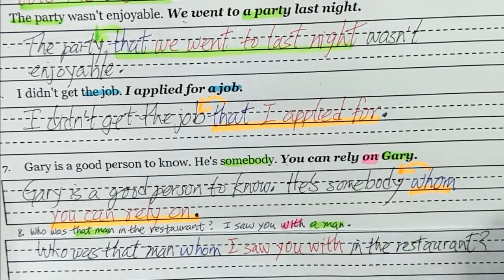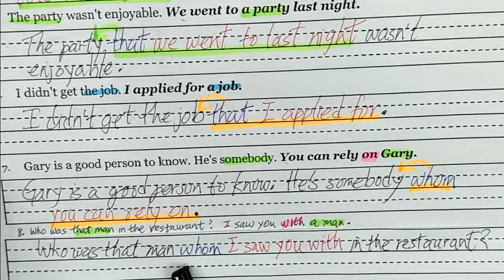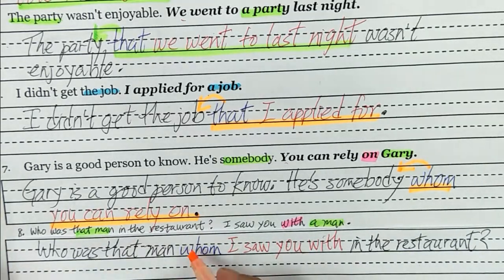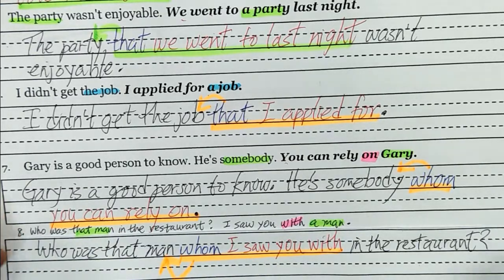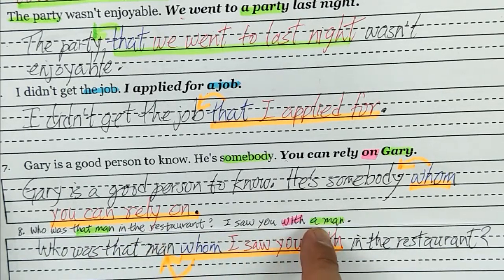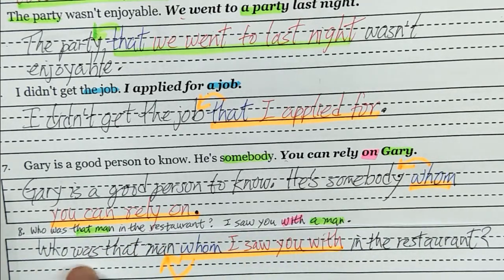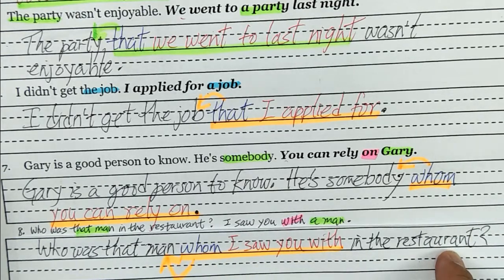This is a question, so we need a question mark. Whom I saw you with is the adjective clause describing the man. Who was that man in the restaurant? I saw you with a man becomes who was that man whom I saw you with in the restaurant?